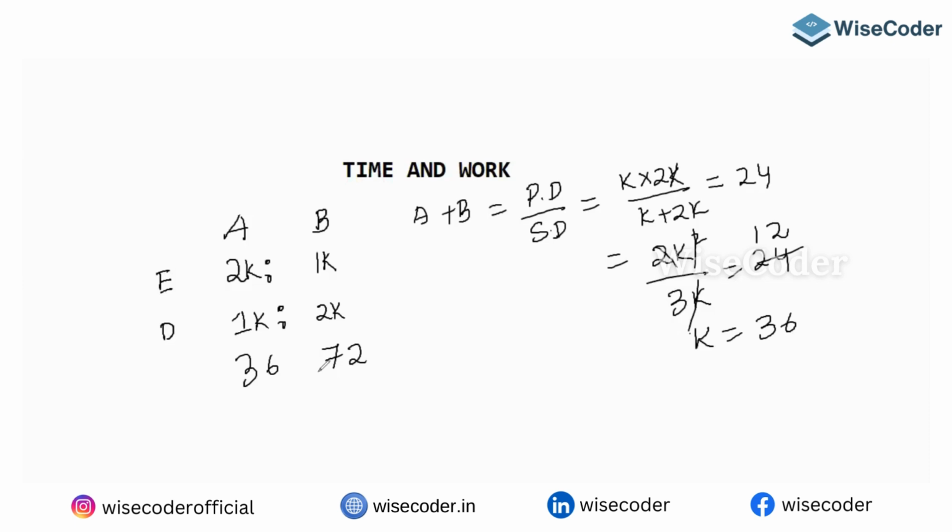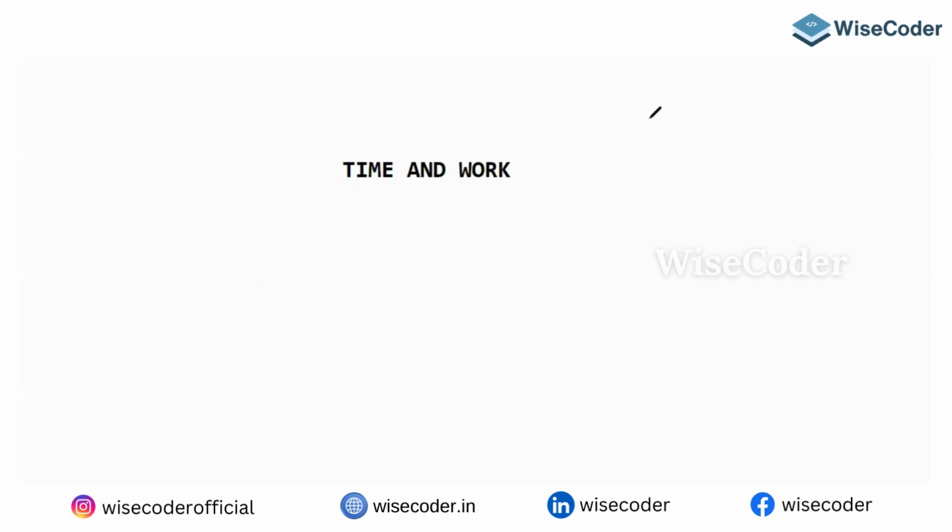That particular work in how many days is the question. Please try to solve this particular concept. Please pause the video after writing the question. Take your time and try to solve this particular question.